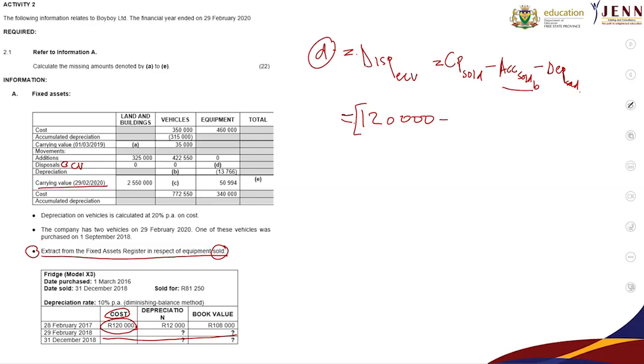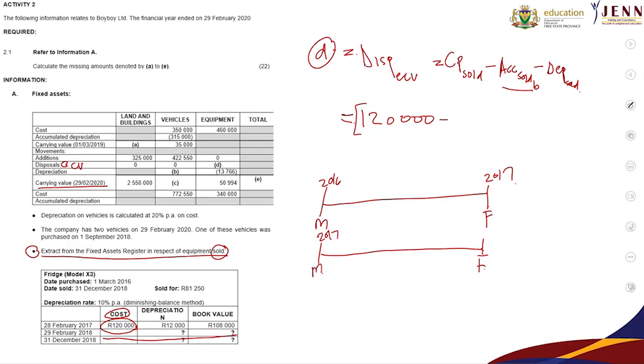We bought this vehicle. Let's check. Let me draw out a time frame from the date of purchase. They are saying we bought this vehicle on the 1st of March. Here is March 2016. It will end in February 2017, right? And then we move to another year, which started in March 2017 and ended in February 2018, right?